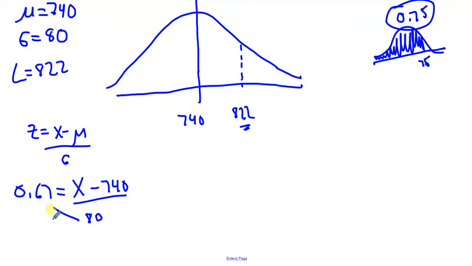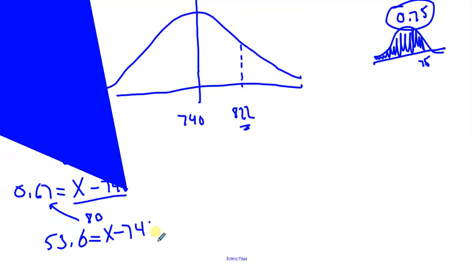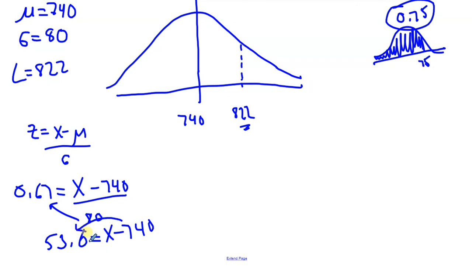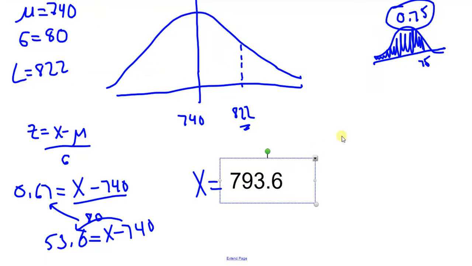So all we want to do right now is cross multiply. So we get 0.67 times 80. I get 53.6. Okay, and then what we're going to do is just simply bring over the negative 740, so we add 740 to that. I get X equals 793.6.